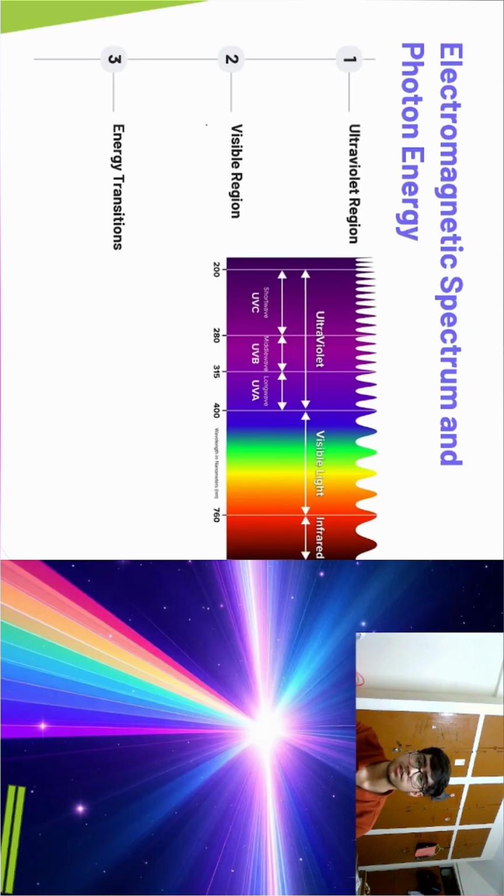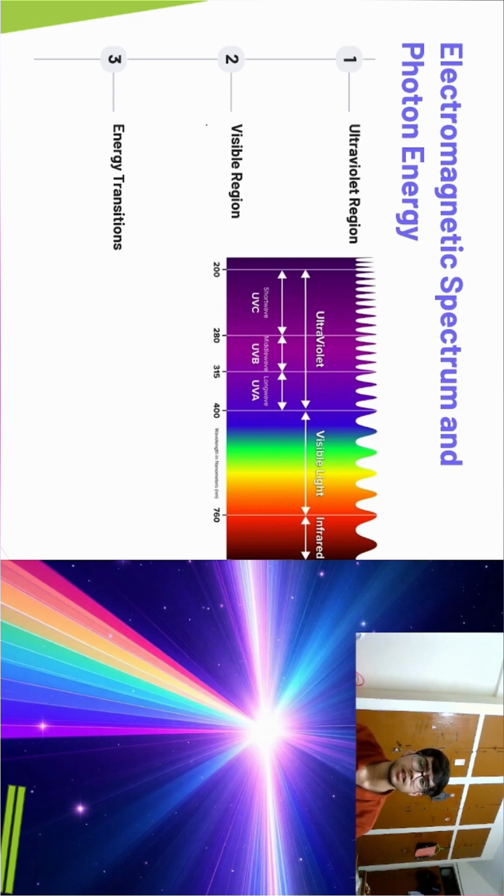Now, moving further to electromagnetic spectrum and photon energy. Here, ultraviolet region. The UV region of the electromagnetic spectrum consists of wavelengths shorter than visible light with higher photon energies that can induce electronic transitions in molecules. Visible region.